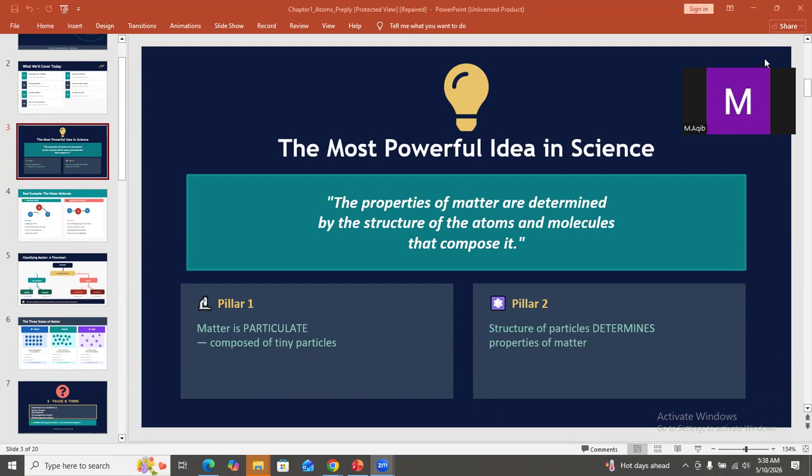Okay, so another thing that I'd like to mention here is that the structure of matter, that is the arrangement of atoms, then the arrangement of molecules in a certain way, determines what the properties of that substance will be.